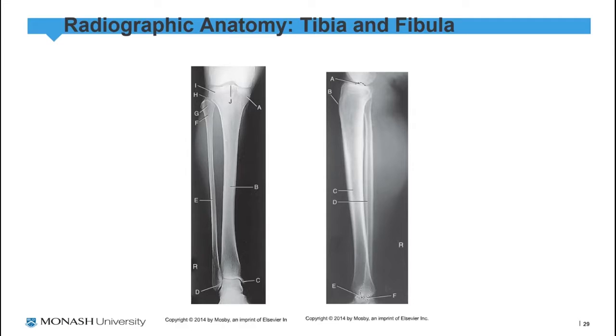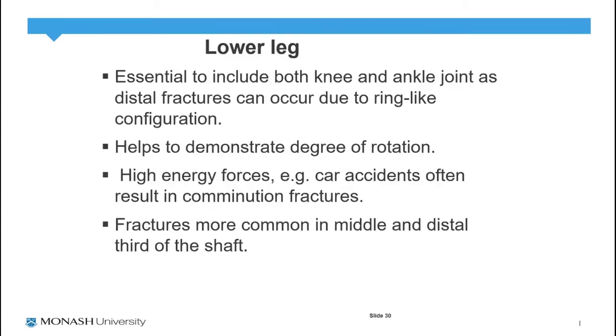Now moving down to the tibia and fibula. Again, I've given the projections and would encourage you to complete the labels on these images. It's essential to include both the knee and the ankle joint when an X-ray has been requested for the tib and fib, as we need to remember that there's a ring-like configuration between the tib and fib, the knee, and the ankle joint.